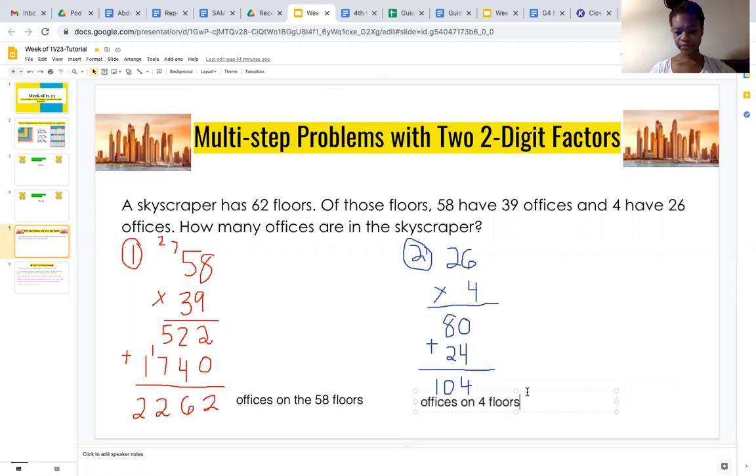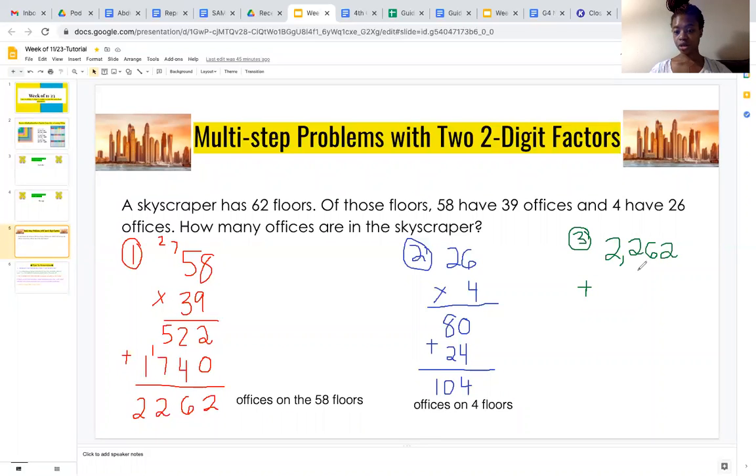It's so important to label and to be clear in everything that we write and do, because it's going to help us to get to where it is that we're trying to get. And now, right now, we're really answering that question. How many offices are in the skyscraper? This is saying how many offices are there all together in the whole building. So that signifies addition. So we're going to take our product from the first part of the problem, and we're going to add that to the product from the second part of the problem, right?